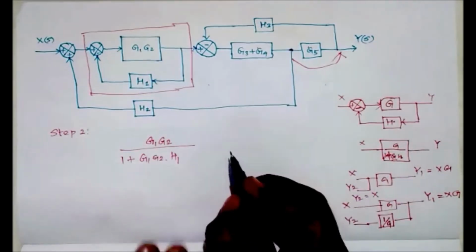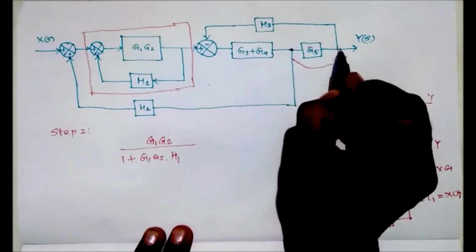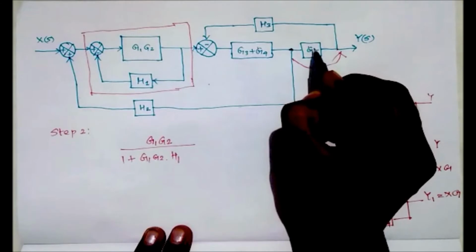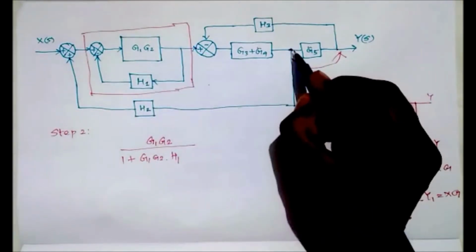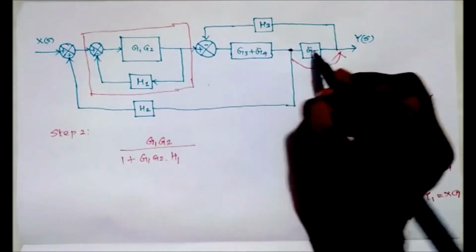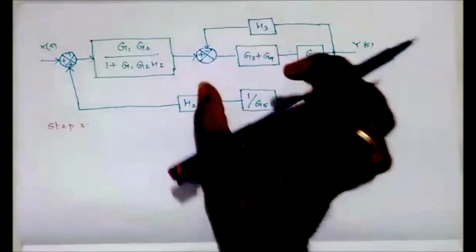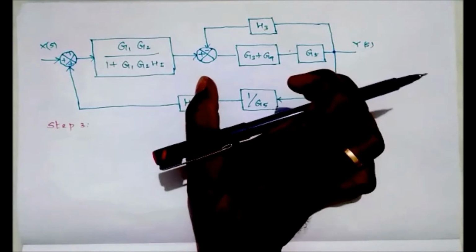So here also we have to do the same thing: if we move this branch here, we have to multiply by the reciprocal of this gain g5. So we replace this block, then shift here and multiply by the reciprocal of g5. After doing this, we will get this form. So this is the solution after step 2.